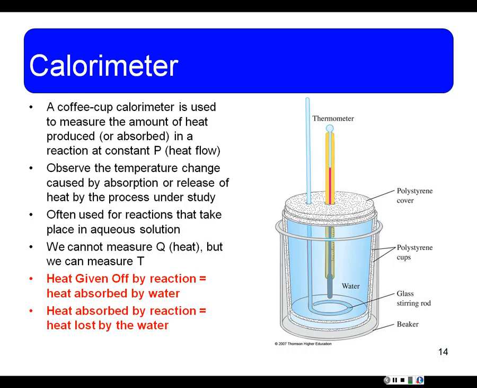You have this glass rod that just has to stir. In lab we'll be hooked up to the computer with a temperature probe down in our calorimeter, and you'll have a stir rod in there because you want your reactants to collide and mix in order for them to react. The thermometer is also in there. You want to be sure there's no leak here.